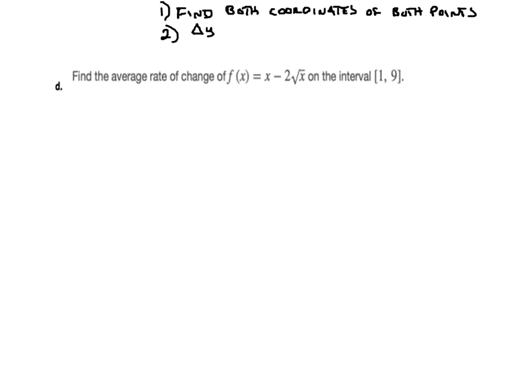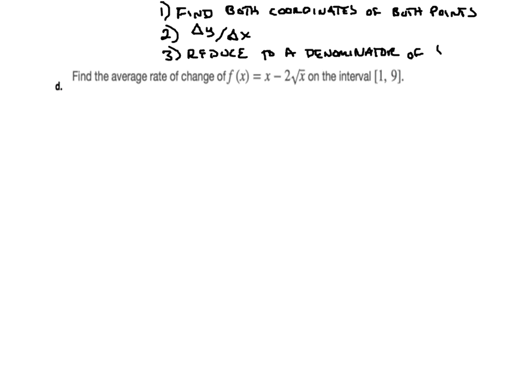Your second step will be to do delta y over delta x now that you have the points, and then reduce to a denominator of 1.